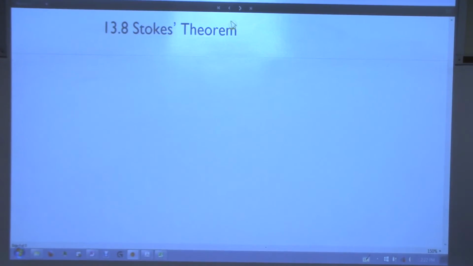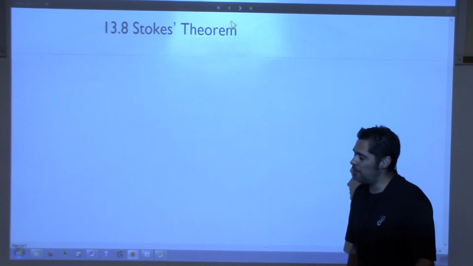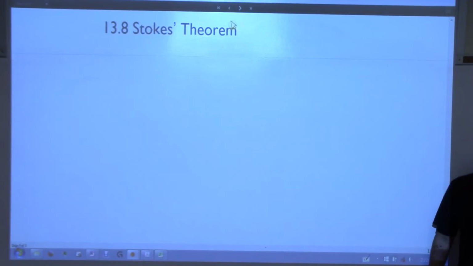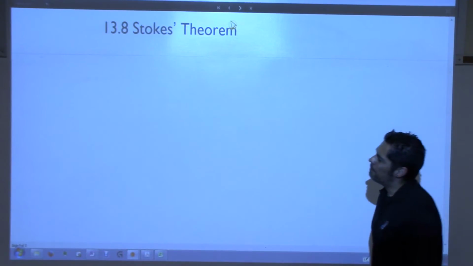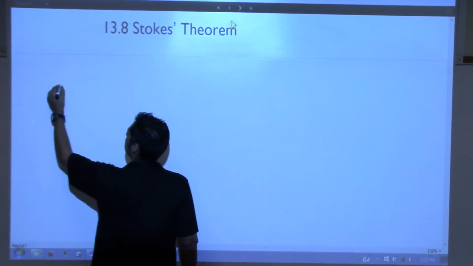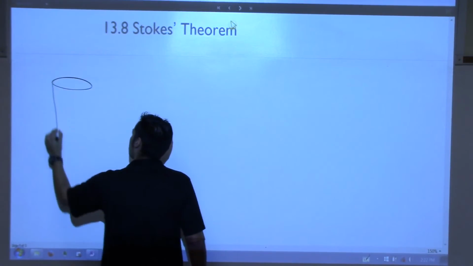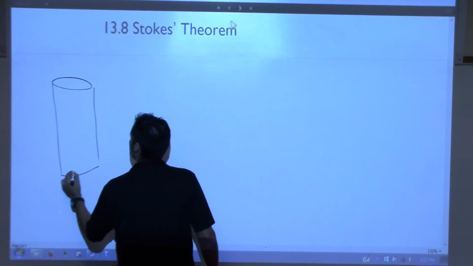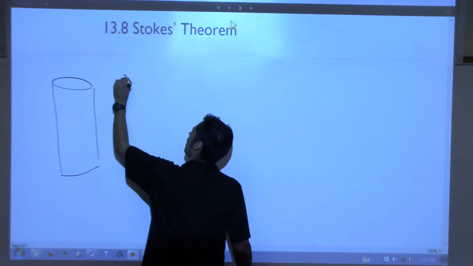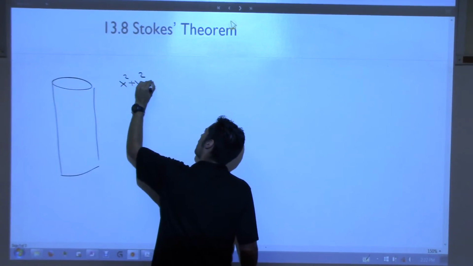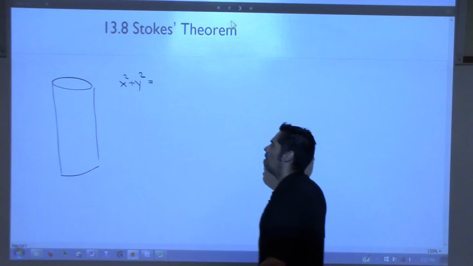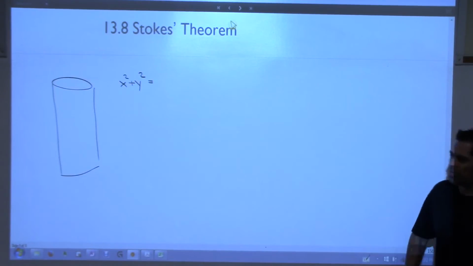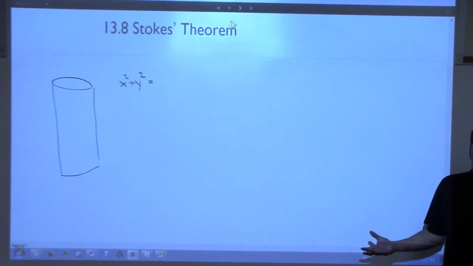All right, so here's kind of a cool problem. I found this doing a little bit of research on Stokes' theorem. Let's say that you have a cylinder, okay? And let's say this cylinder has the equation x squared plus y squared equals... Do you want it to be a general cylinder, or do you want me to fix the radius at something?